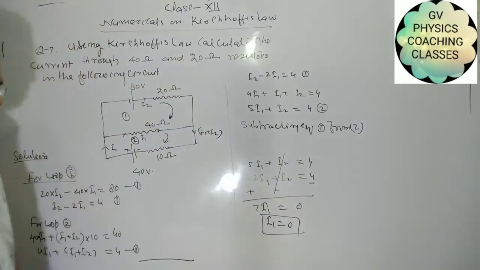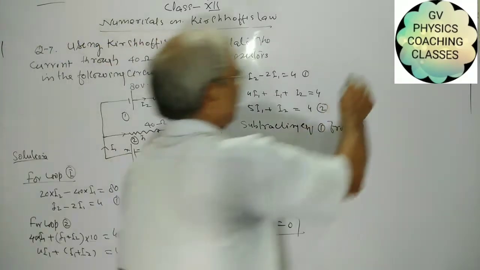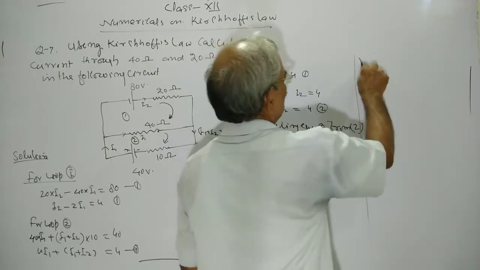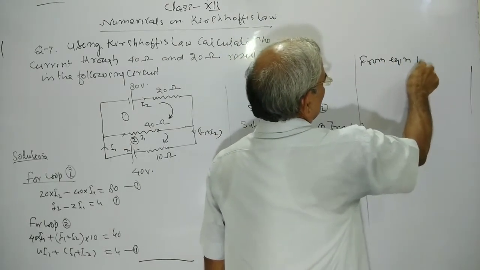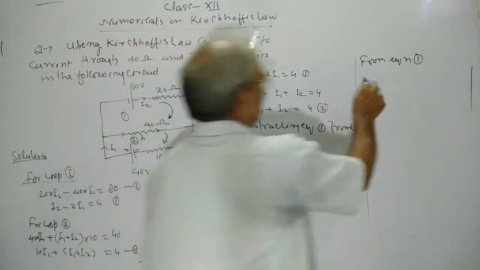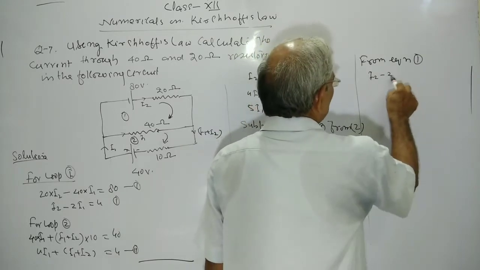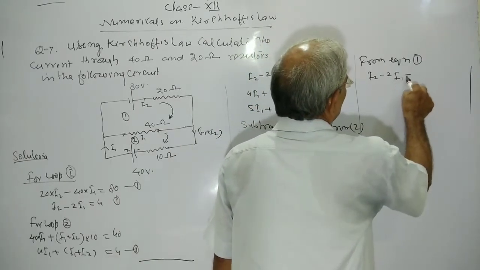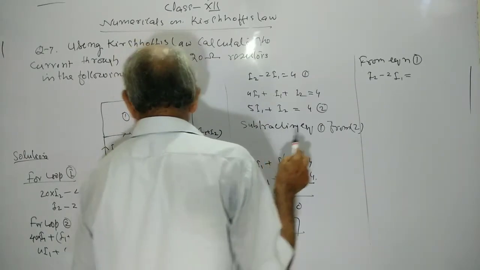So I1 comes 0. Put this value in any equation. From equation first, I2 minus 2I1 equal to 4.